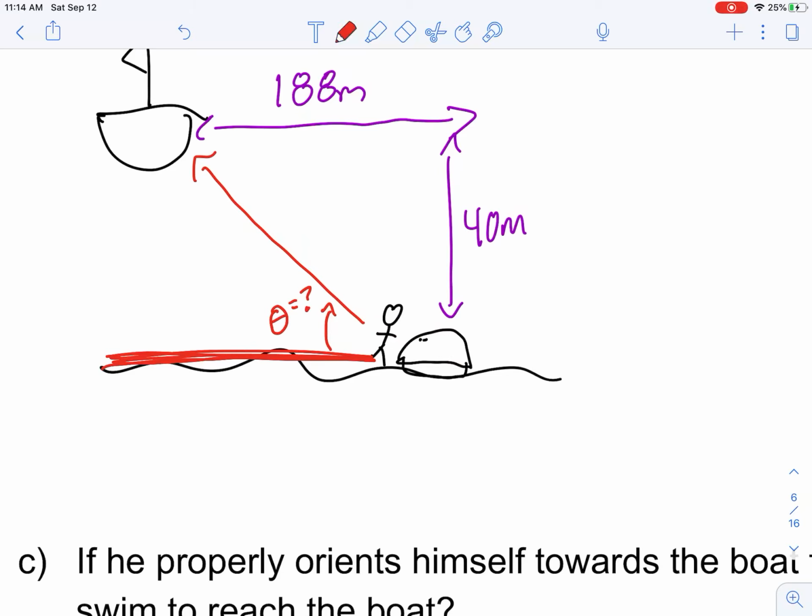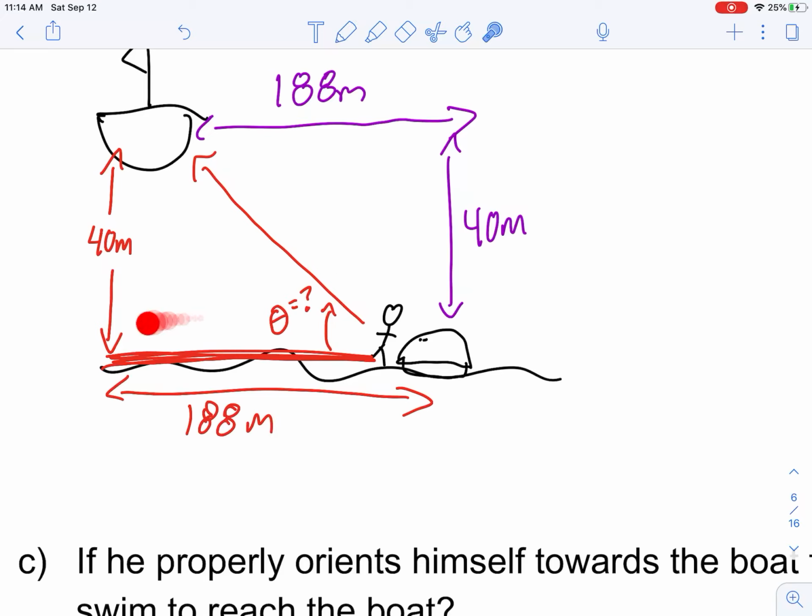But remember, this side, 40 meters, also is 40 meters here. So if we draw that, this can be 40 meters. And also recall that the length here is also 188 meters. Okay, so now we have a triangle that we're going to use.